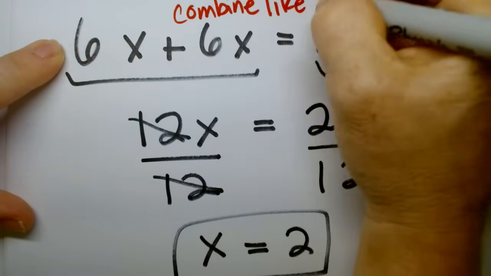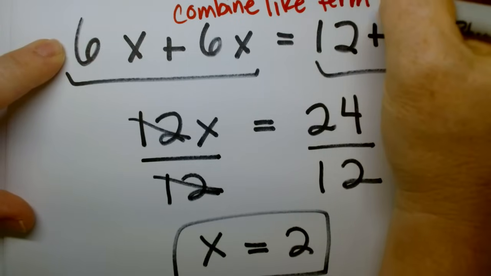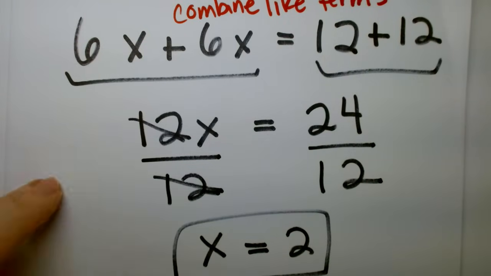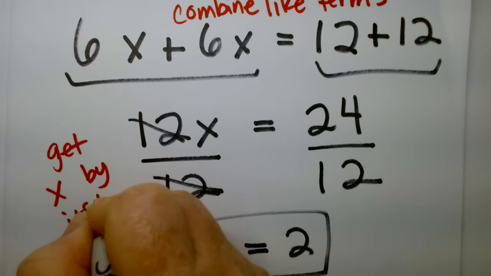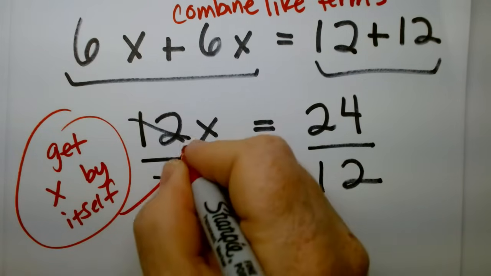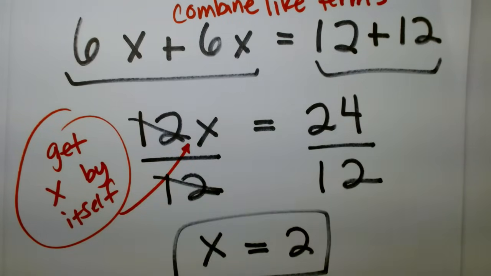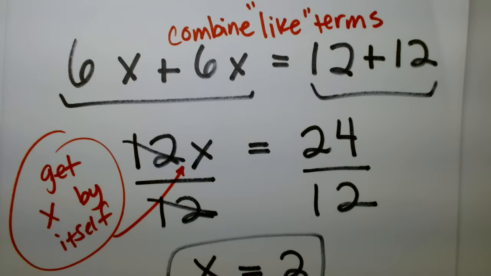Like means the same. Not like I like chocolate, different kind of like, okay? And then we get x by itself. That is the name of the game. So combine like terms, then get x by itself. Okay, good. All right, let's try another one.